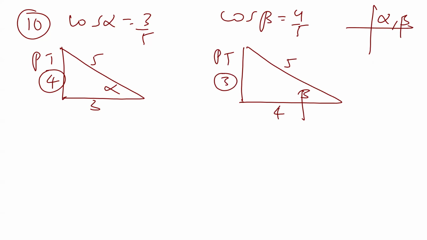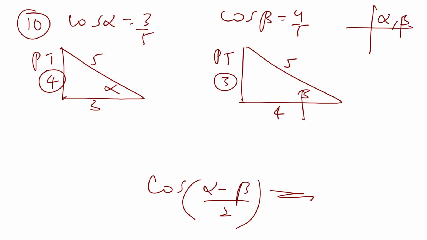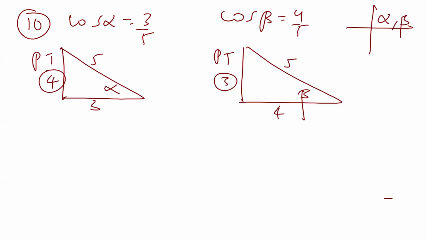Now, first of all, we are interested in calculating cos((alpha minus beta) by 2). But first, I'll be calculating cos(alpha minus beta), and by 2 afterwards. So first, I'll get the values of sin alpha and tan alpha. Standard values, I'll just calculate.